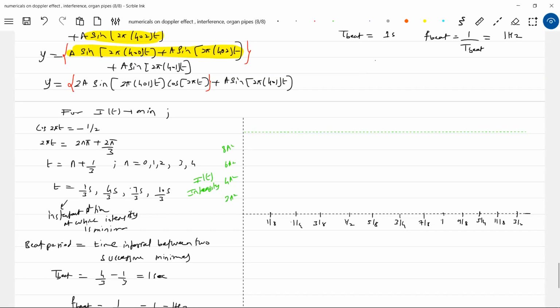So let me show this one. Check later on. 3 by 8, it will be again 1 will be maxima.